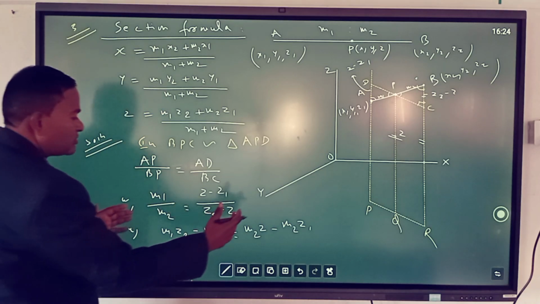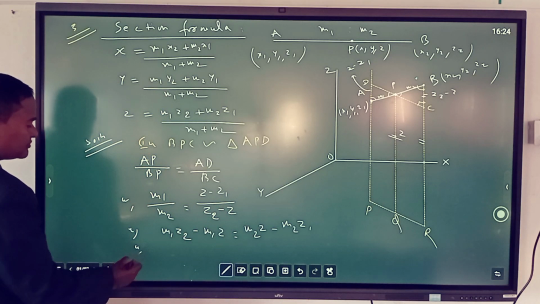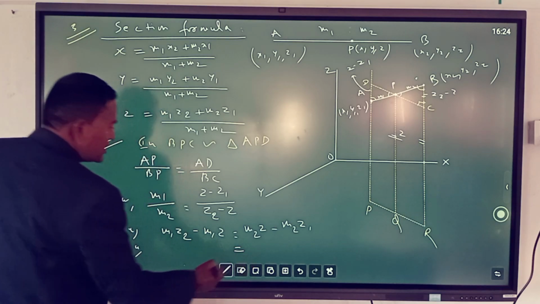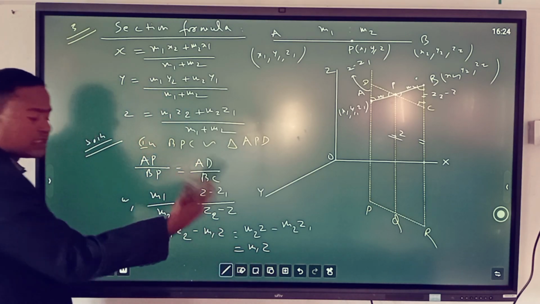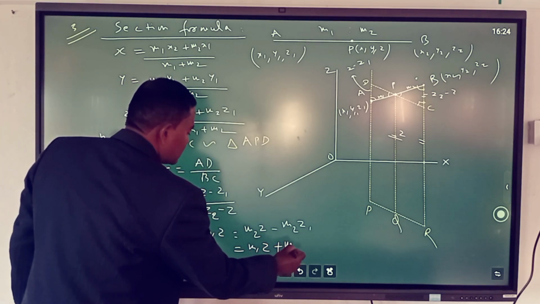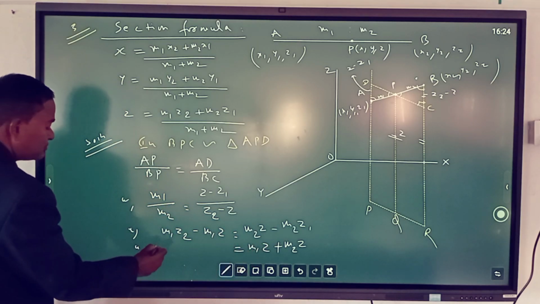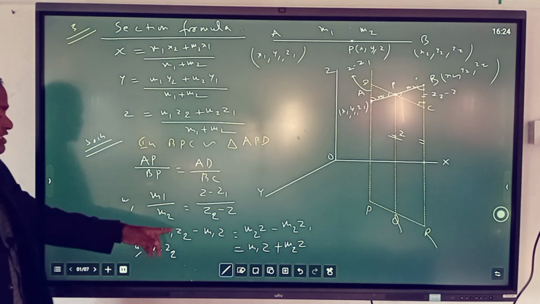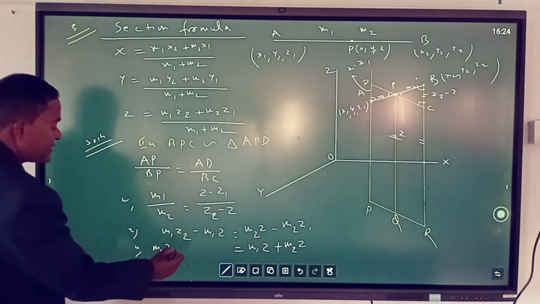So let's write down the terms having z on the same side. So dear student, m₁z moving to the right hand side, minus will change into plus. m₂z keeping as it is, m₁z₂ keeping as it is, and minus m₂z₁ moving to the left hand side.